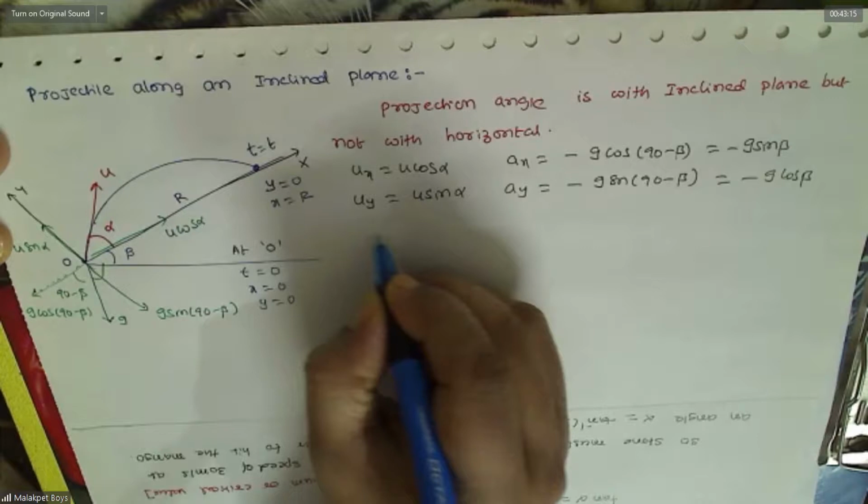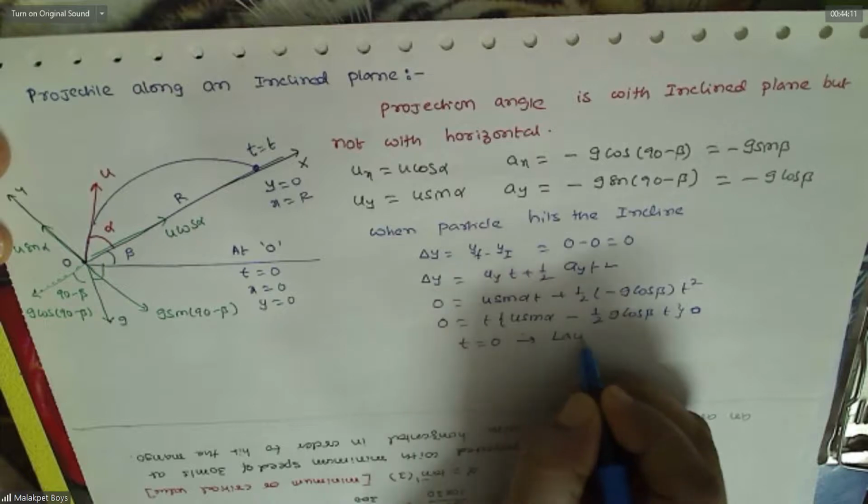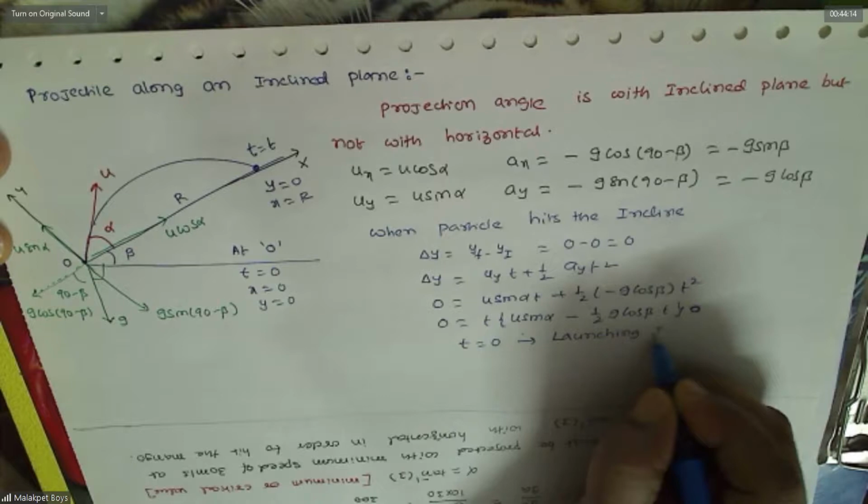Okay. Now you can see t equals to 0. What is that? Launching time or launching instant. The other one is 2u sin alpha by g cos beta. This is nothing but the landing instant. So what is the time of flight? The time duration between what?